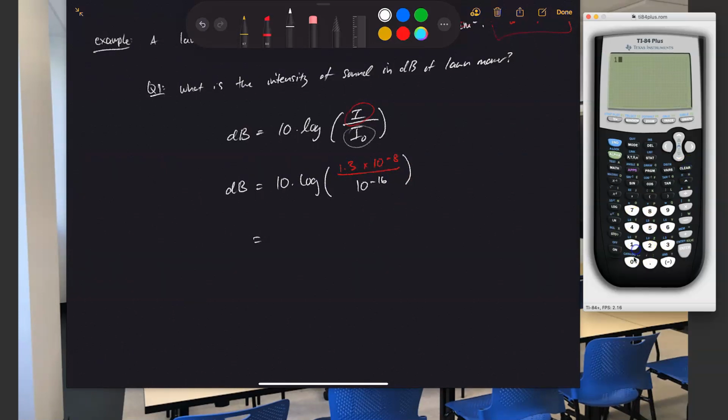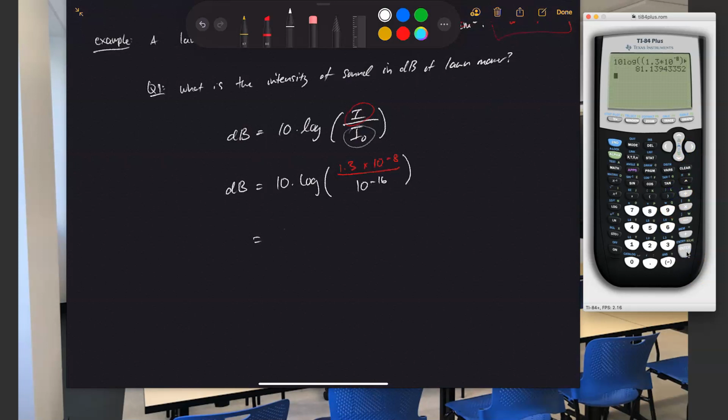Okay, so 10, the log button is right here, and then in brackets 1.3 times 10 to the negative eighth. If yours doesn't have that nice exponent environment, just make sure you encapsulate the negative 8 in brackets, over 10 to the minus 16, and then close brackets.